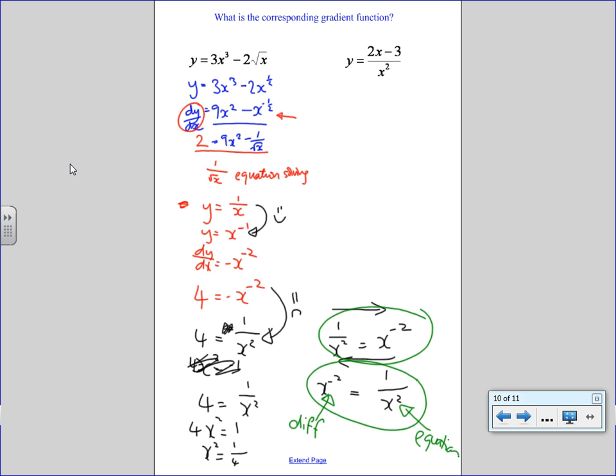Okay. So last one, I think we're on. So it's another v, isn't it? y equals 2x over x squared minus 3 over x squared, which is 2x to the minus 1 minus 3x to the minus 2. Yep, so now we can differentiate.